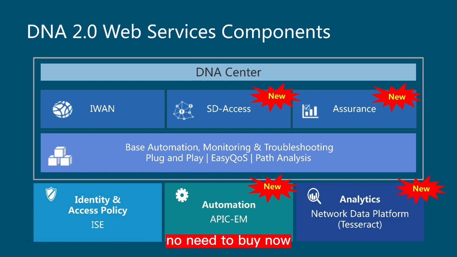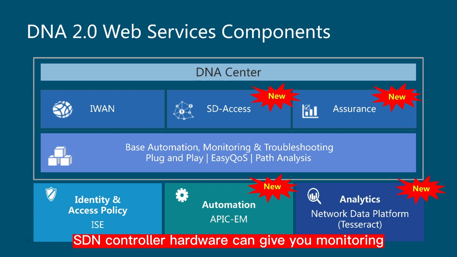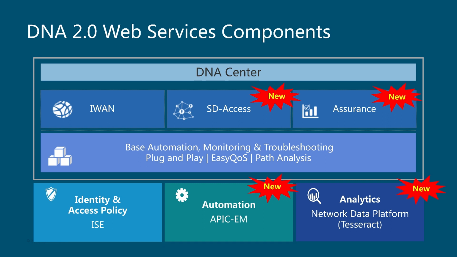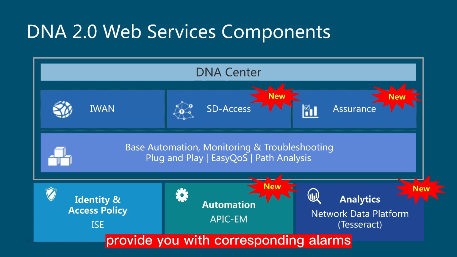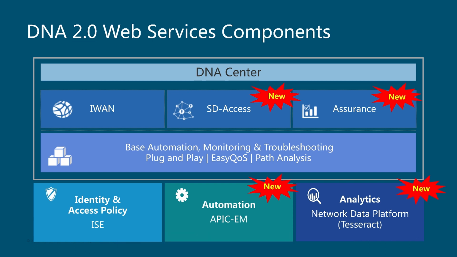No need to buy now. SDN controller hardware can give you monitoring. Monitor interface bandwidth, CPU usage, memory, fan, device log, provide you with corresponding alarms, etc. It's all okay.